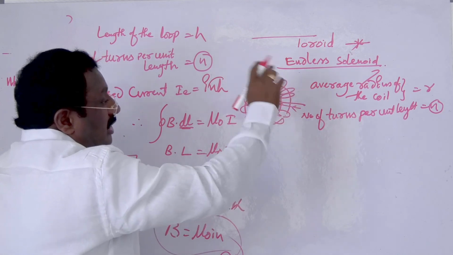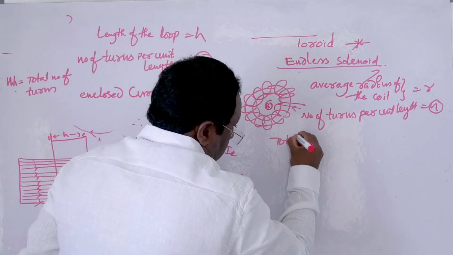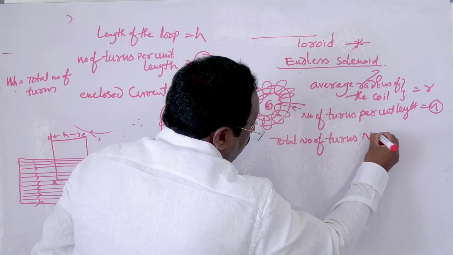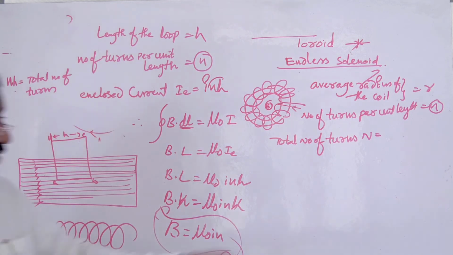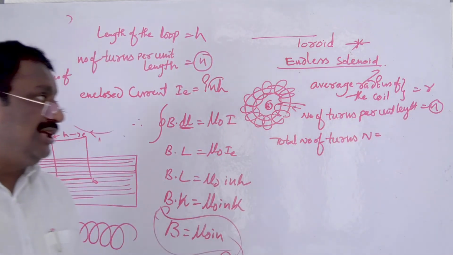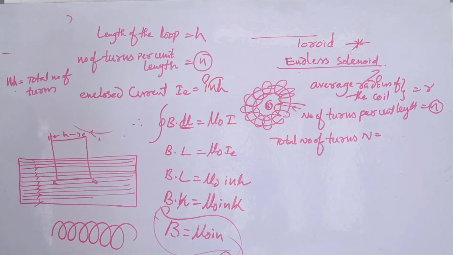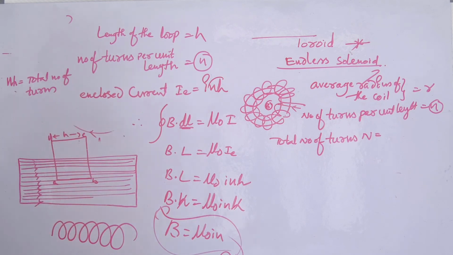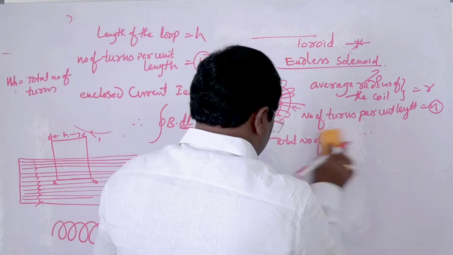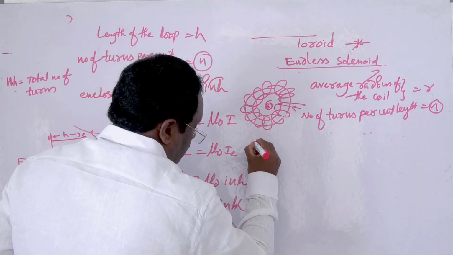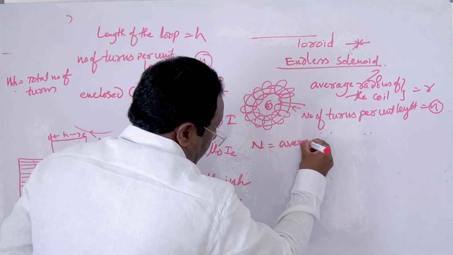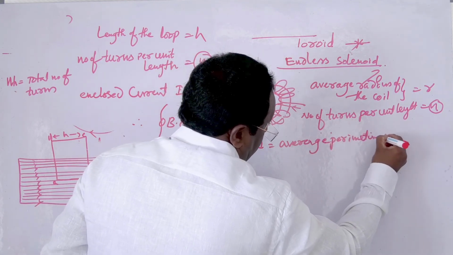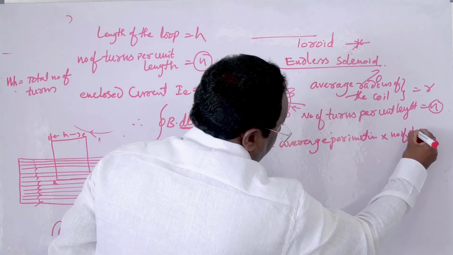Now I want the total number of turns. So how can we write? Here, what is small n? Number of turns per unit length. But I want to know the total number of turns in the toroid. So we can write like this: average perimeter into number of turns per unit length.